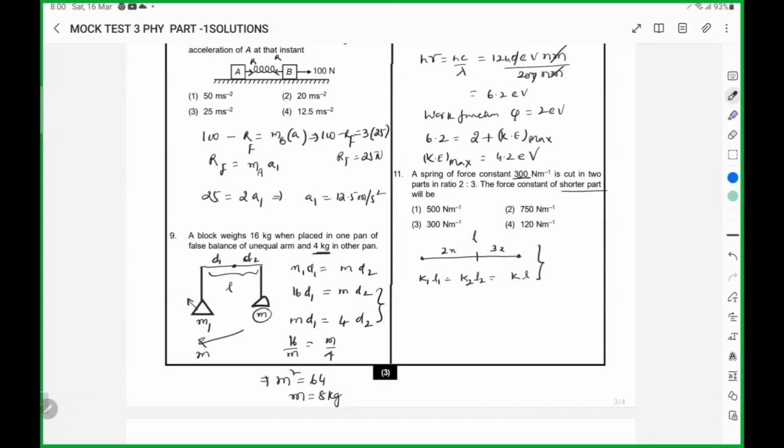What we have to remember is that spring constant into L is always constant. Here L1 is 2x, L2 is 3x, which is K into 5x. So 2K1 is 3K2.